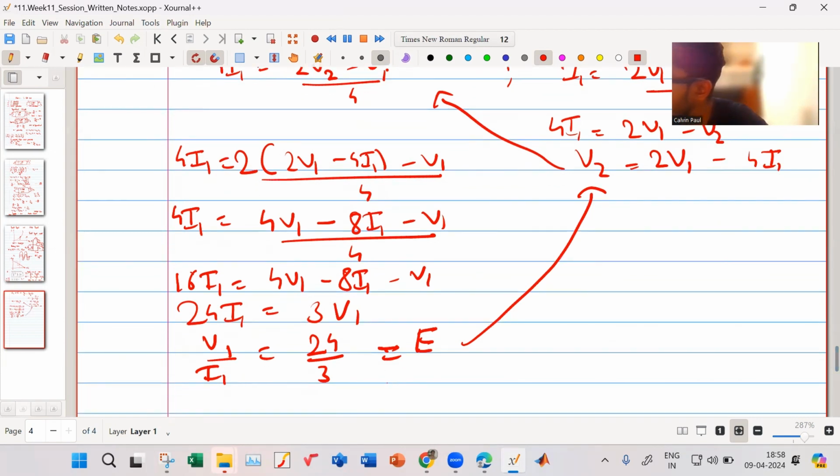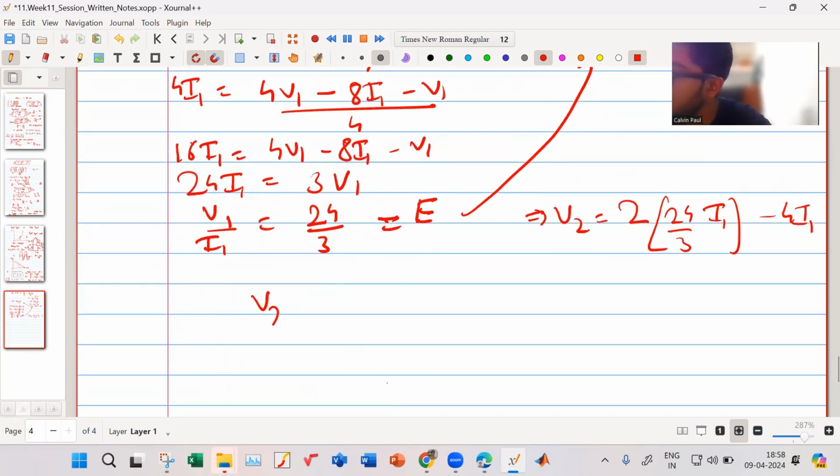Now I will substitute this over here. My V2 is equal to 2 into 24 upon 3 I1 minus 4I1. 24 upon 3 is 8. So 2 into 8 is 16, not 4 into 8.